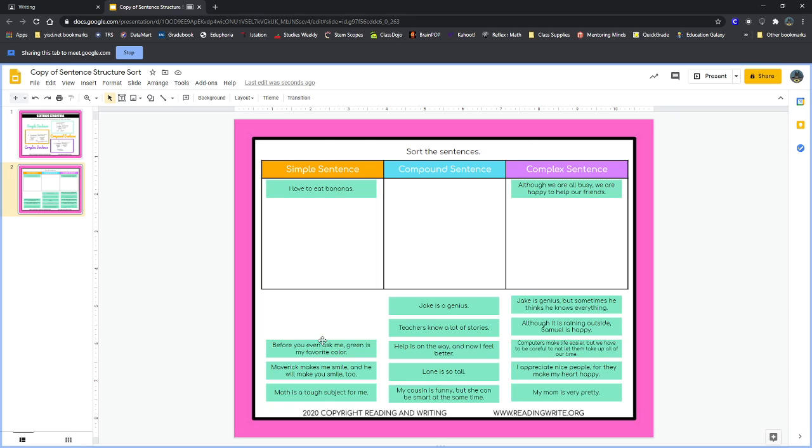Remember, the simplest way to figure out if it's a simple sentence is they're normally shorter. There's not a lot to them. It'll just tell you the subject and something about them. So if it's not a simple sentence, Bella, do you think it's a compound or a complex? Because this one has more information than just a simple sentence.